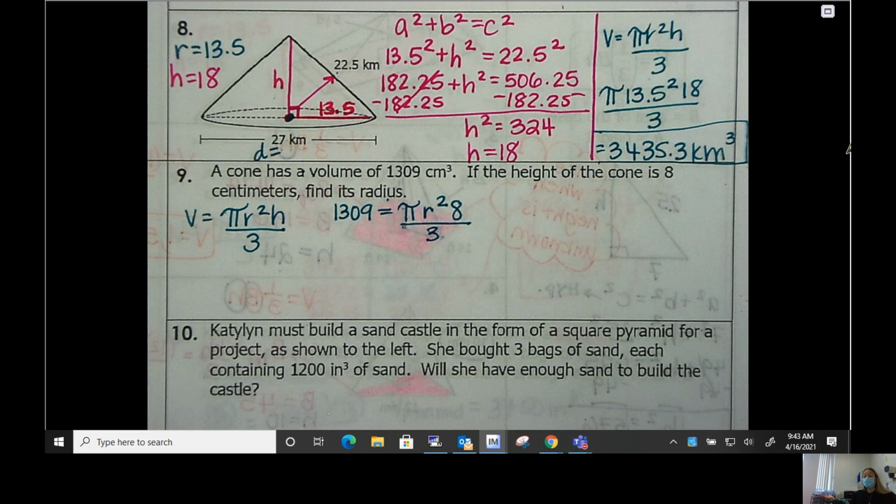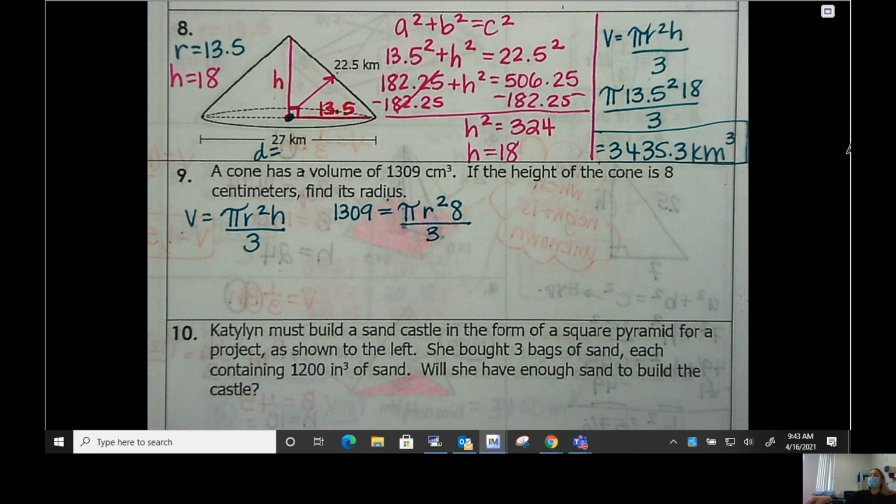Okay, great. You got rid of the fraction. That's a great first step. I still want to get the r by itself, so I still have to move some things around. Again, there's a lot of choices for things you could do. What's something you think you want to do? You can divide both sides by pi and 8. Before I do that, though, you know what I'm going to do to make my life easier?